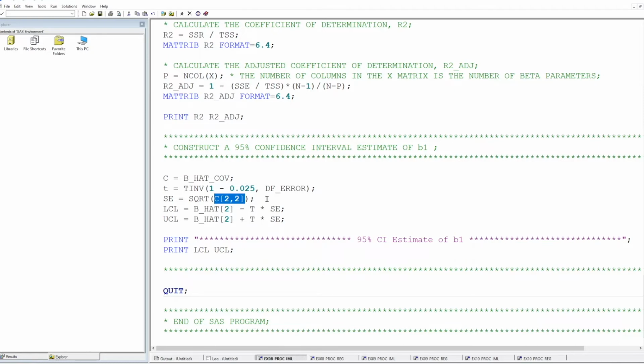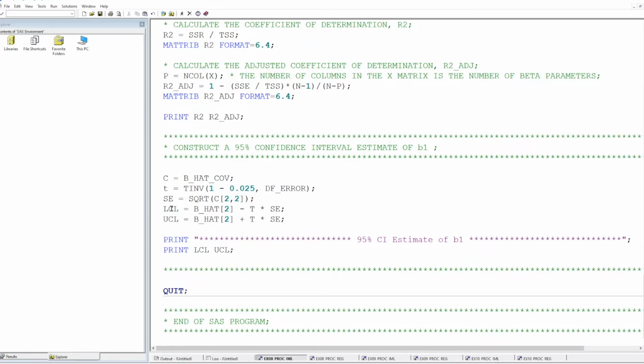But it's a 3 by 3 matrix, and the way we access entries in matrices in SAS, we can't start at 0. We have to start at 1. That's the difference between what I've got here and what's in the book.